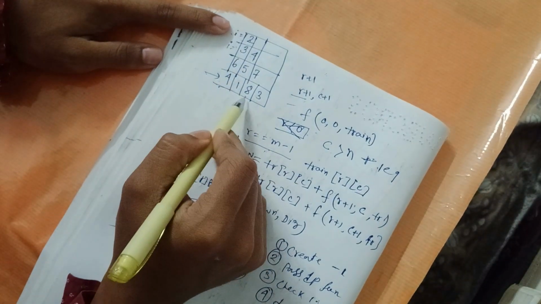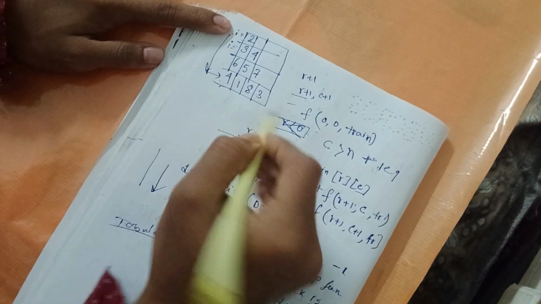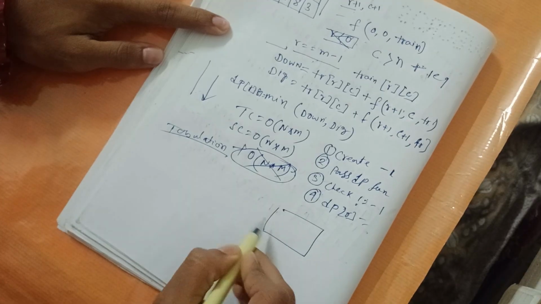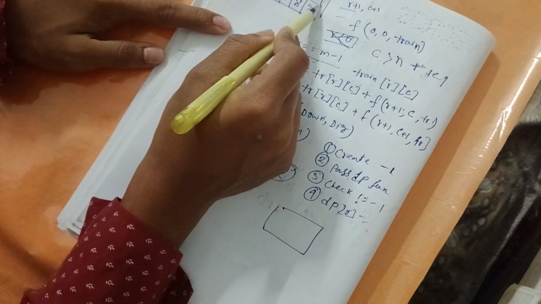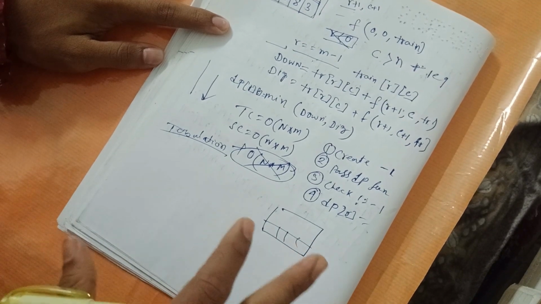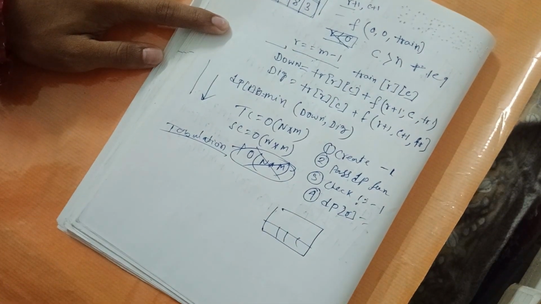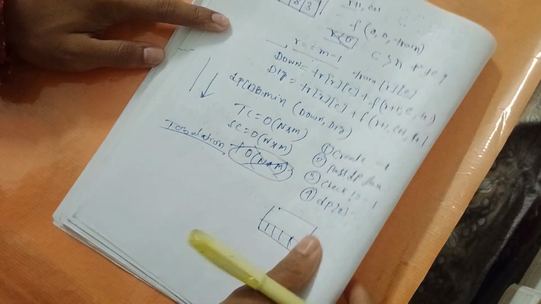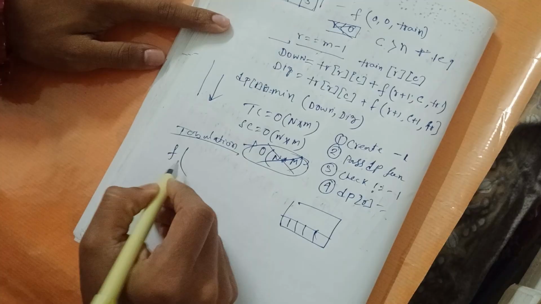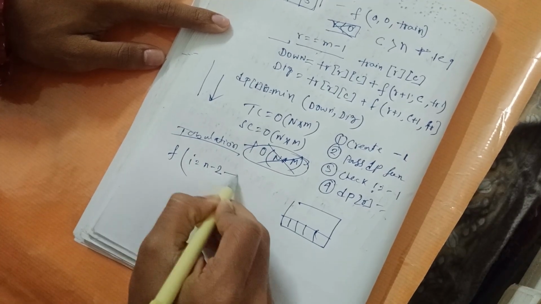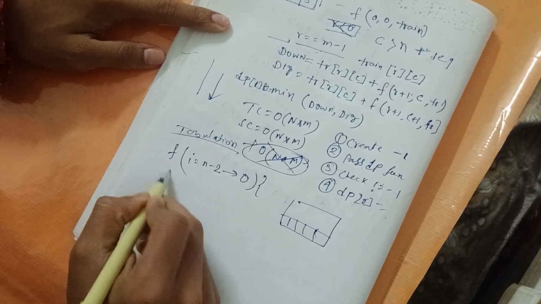So first, I create a 2D dp table and write the n minus 1 row values, which gives my base values. Then I write the last row value, and run a for loop going from m minus 2 till 0, and another for loop.